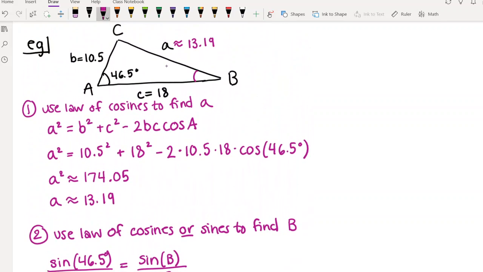So how can we know for sure that that is the right angle and that there's not another possibility? Basically, it's because we already know the side length of side A. And so we're kind of locked into one triangle. Additionally, in that triangle, notice that the side B is equal to 10.5.